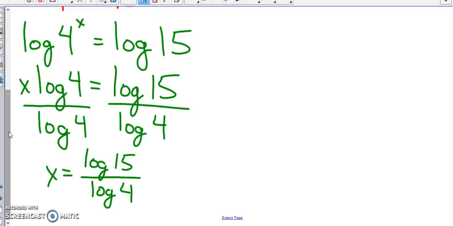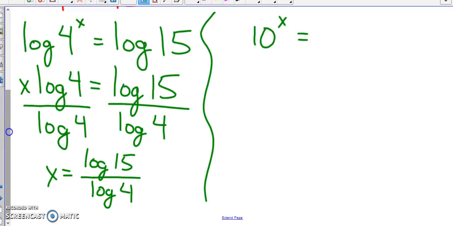I mentioned before that usually it doesn't matter which log you use. On this one, it's going to be important to use the correct one.